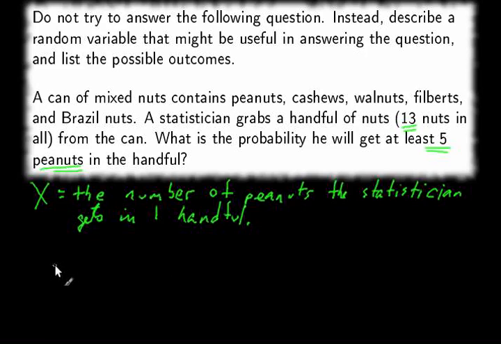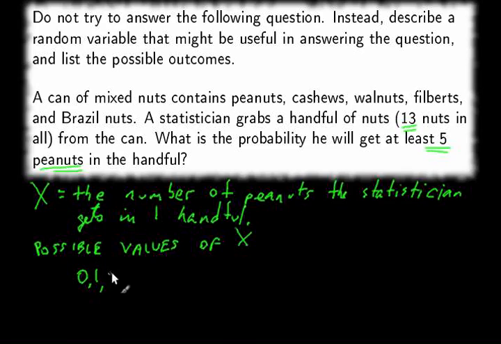Now we need to list the possible outcomes. Well, it says here that a handful of nuts is 13 nuts in all. So how many of them could be peanuts? So the possible values, that is the possible values of x, are 0, because he could get no peanuts.